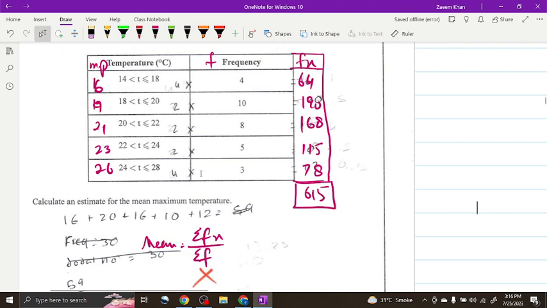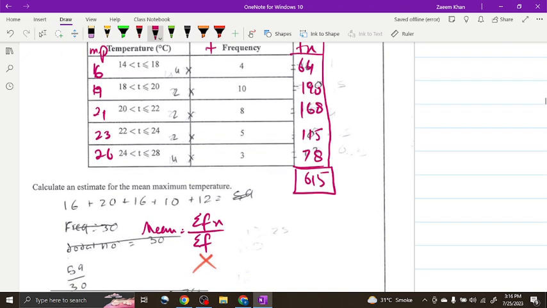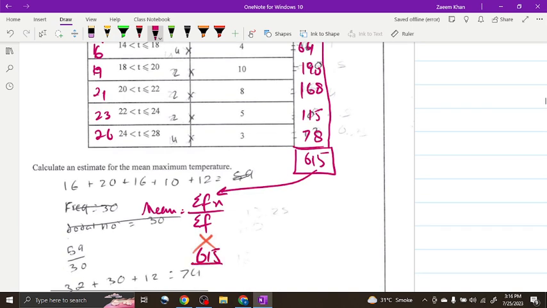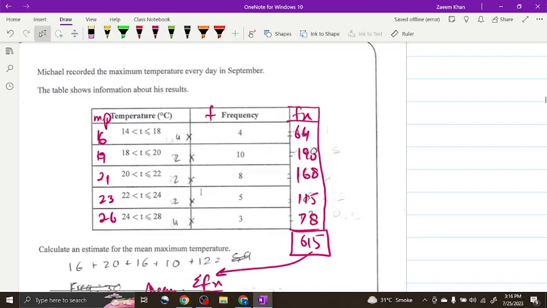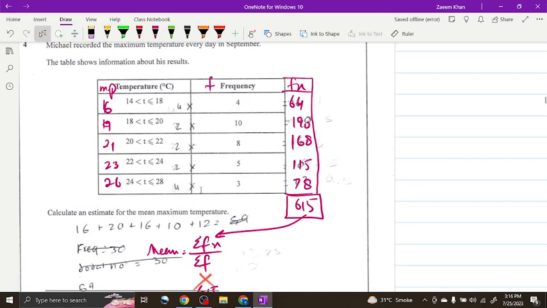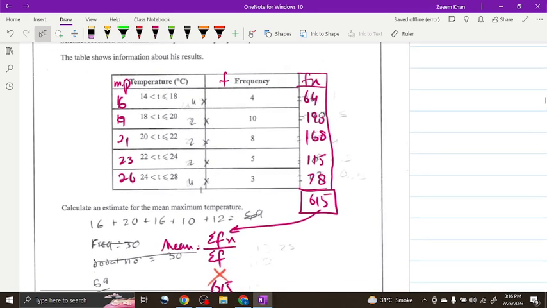Here we go again. Sigma fx is the total of fx that we've got down here. That's 615. So we're going to plug in 615. What is sigma f going to be? Sigma f is the total of frequency. How much is the total frequency going to be? 30.